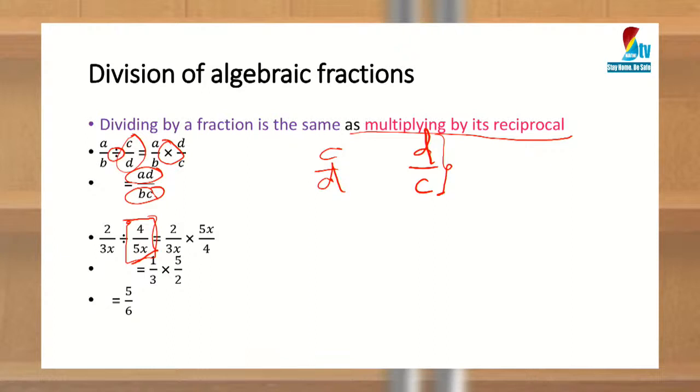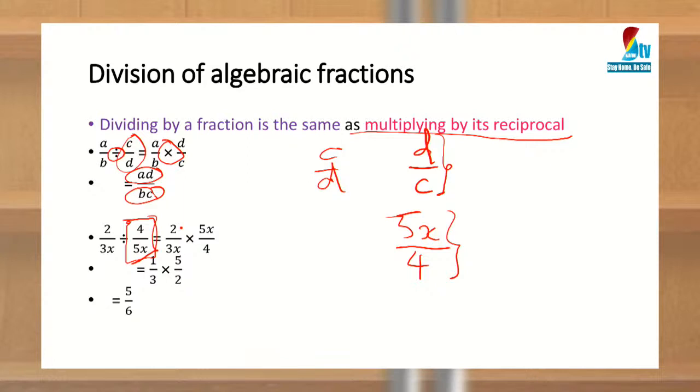Its reciprocal is going to be 5x over 4. We take what was a denominator to be a numerator. I am going to multiply now because I have its reciprocal here. So it's going to be 2 over 3x multiplied by 5x over 4.